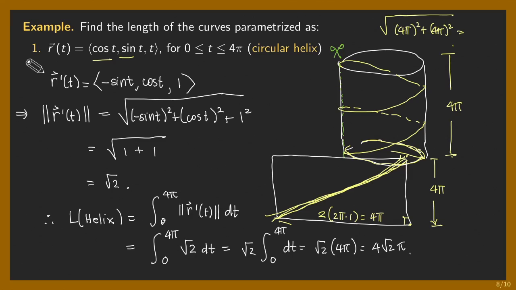So you get, what's this? A square root of 64 pi? Why is this wrong? Yeah. So this is 4 square root of 2 pi.